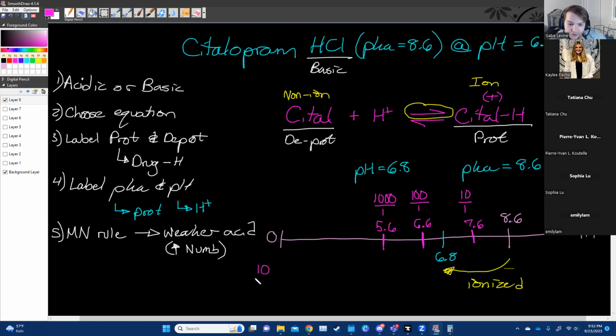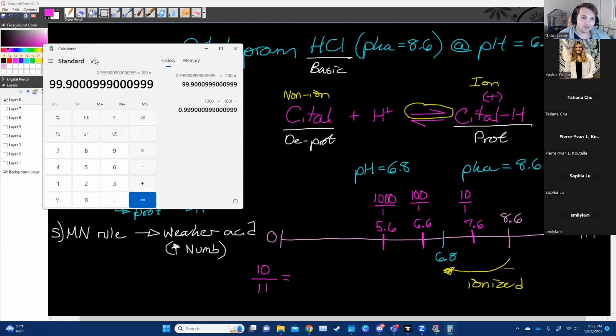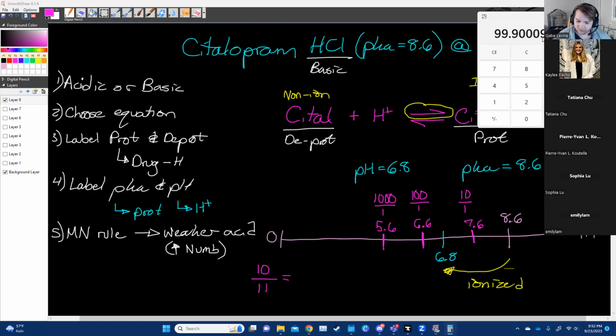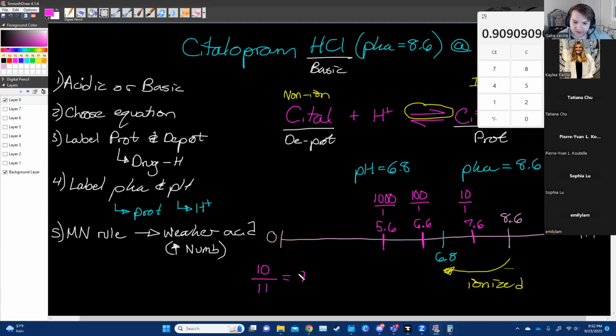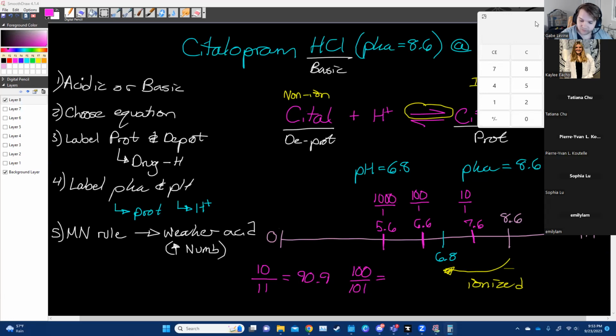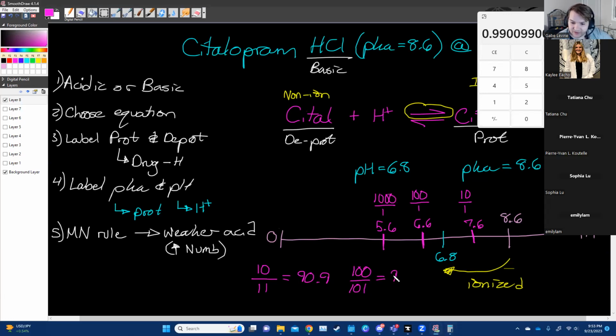So 10 over 1 would be 10 over 11, because we take the total amount of parts we have. So we have 11 parts total, which gives us 10 divided by 11, which is 90.9. And then we have 100 over 101, which is 99%.